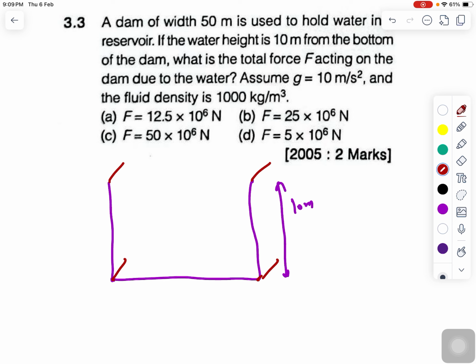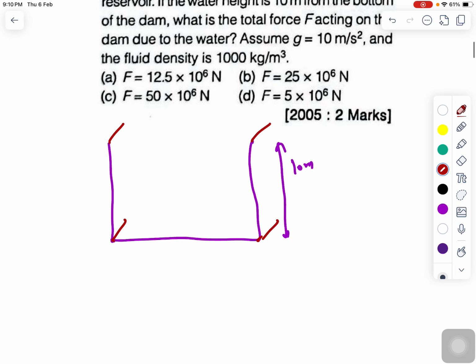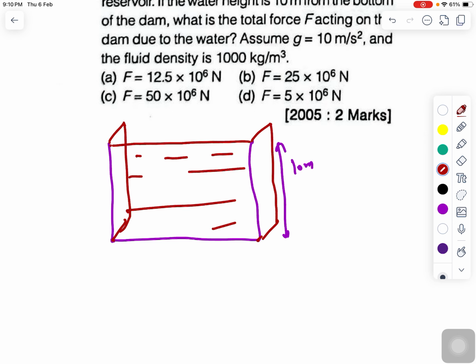What is the total force acting on the dam due to the water? Force is applied by the water across the boundary of the dam, and here water will be filled, so the water would be applying the force.